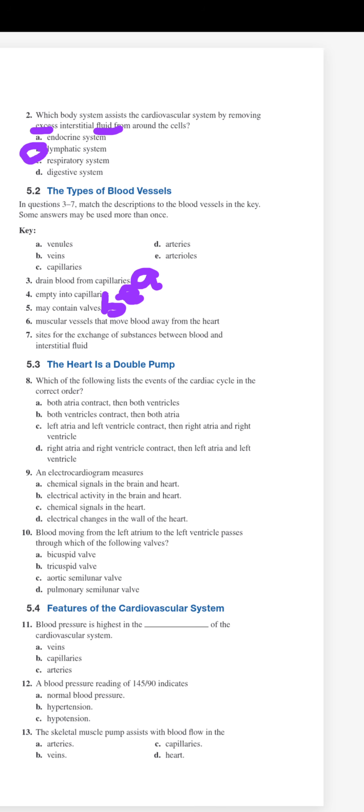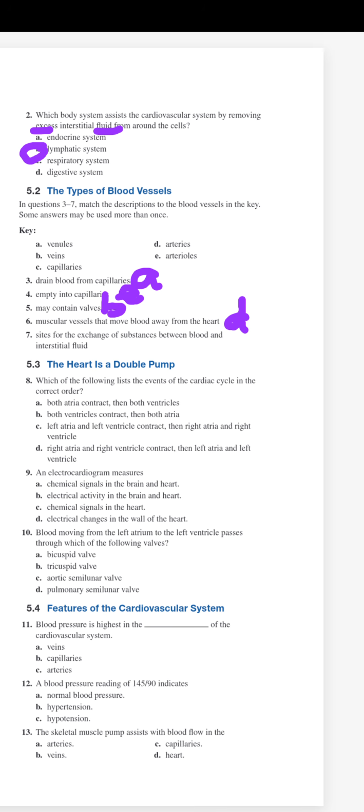Whenever I see the words muscular vessels, I can already assume what it's going to be, but let's read the rest. That move blood away from the heart. Away from the heart, and muscular, always arteries. In some books the definition of an artery is a blood vessel that carries blood away from the heart.